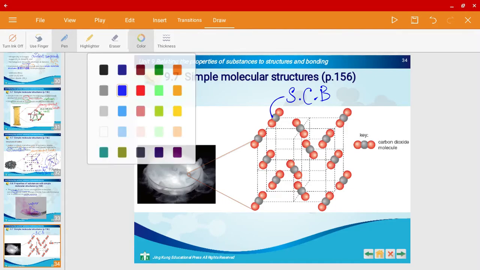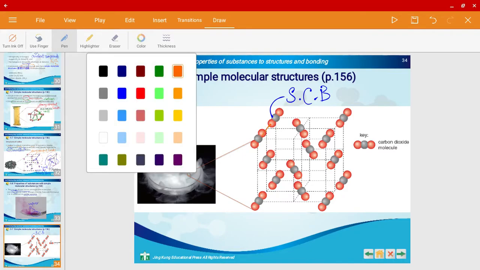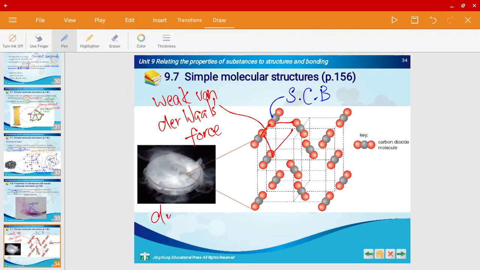However, let me use another color, among or between the carbon dioxide molecules, there is weak van der Waals force. And this is a picture of dry ice for those of you that are interested.